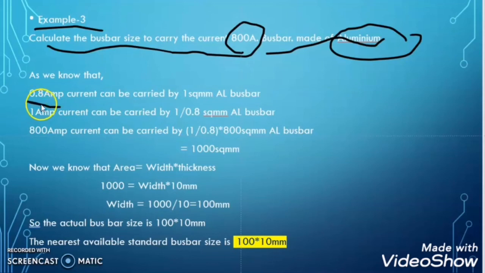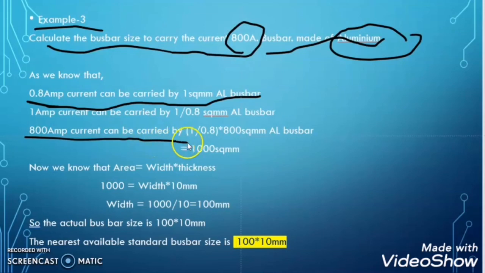As per our thumb rule, 0.8 ampere current can be carried by 1 square mm aluminium conductor. Then 800 ampere current will need this much aluminium conductor. When we calculate it, we reach the value 1000 square mm. What does it mean? To carry 800 ampere of current, we need a 1000 square mm aluminium conductor.